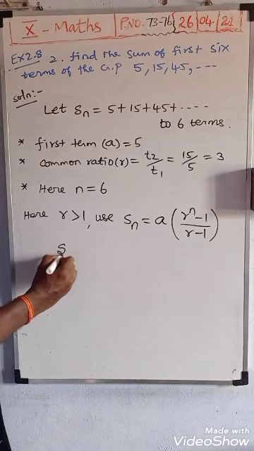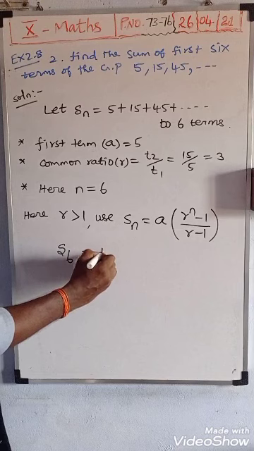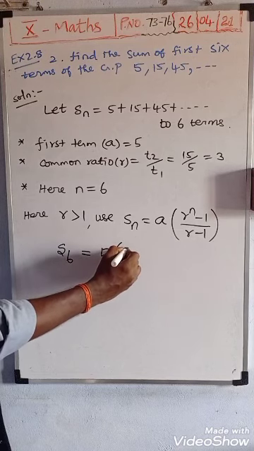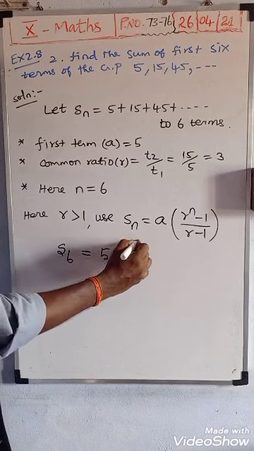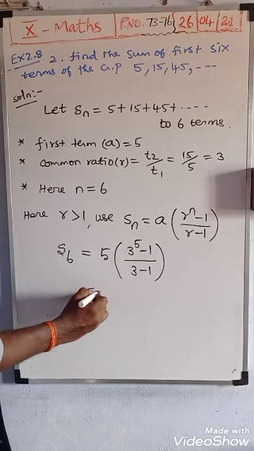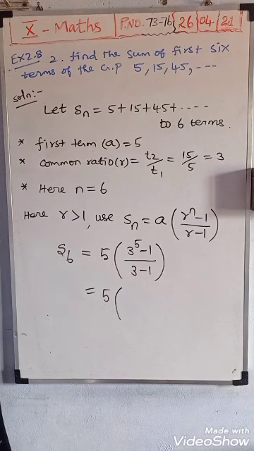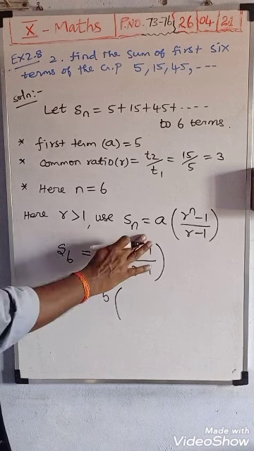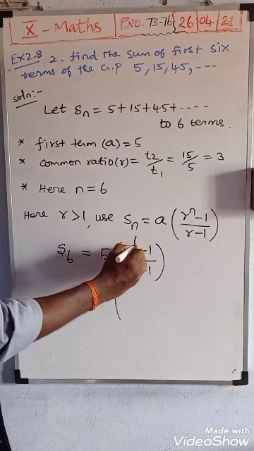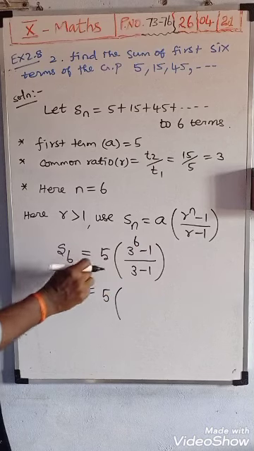Now substitute n = 6: S6, A value is 5, R is 3, (3^6 − 1)/(3 − 1). Sorry, n value is 6, so 3 power 6.